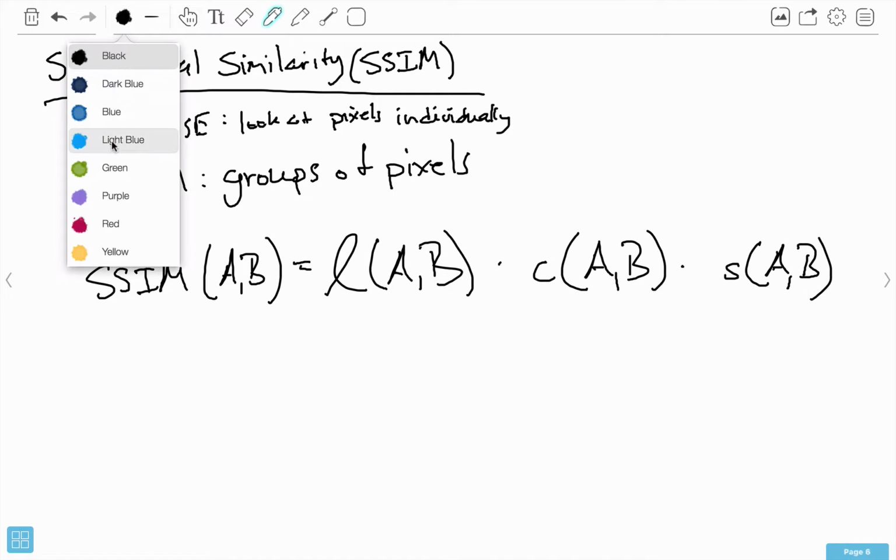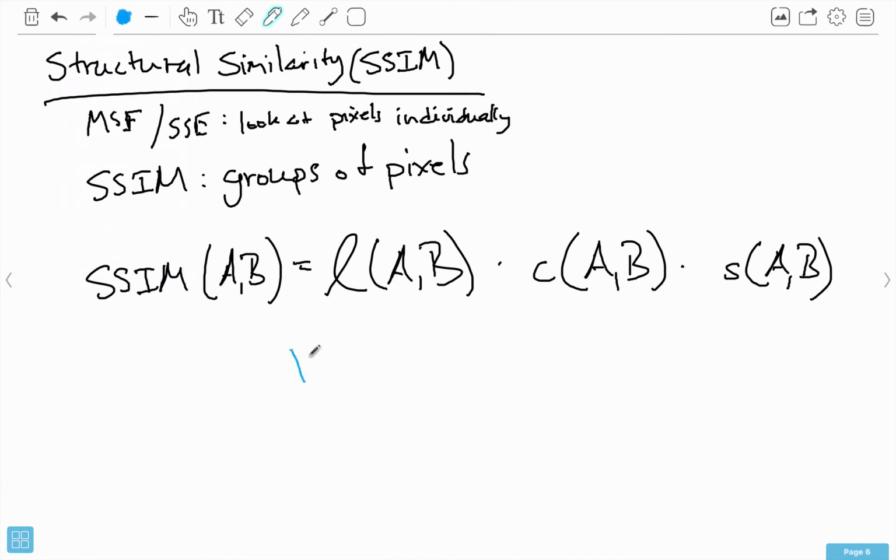L stands for luminance, C is contrast, and S is structure.